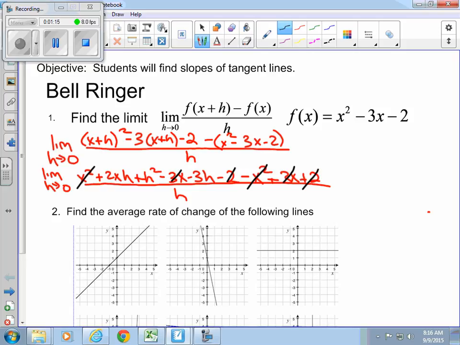So everything left has an h in it. I guess the limit as h goes to 0 of h times 2x plus h minus 3.